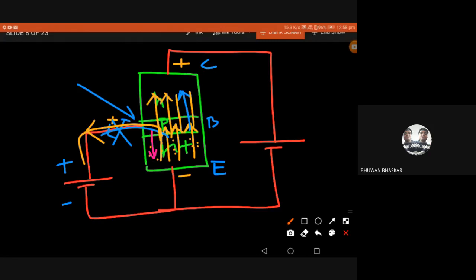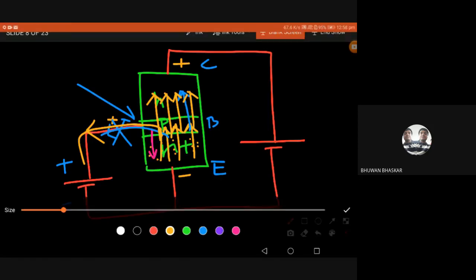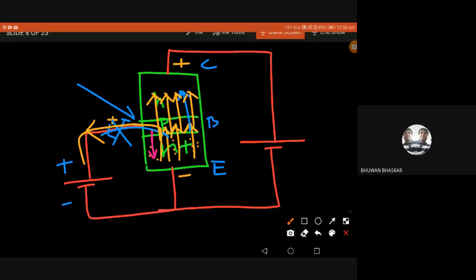Another reason the majority of electrons go to the collector region is what we already saw last time: the collector is at a higher potential than the base. You remember? We have discussed this. In a practical circuit, VCB will be higher than the base region, because the collector-base junction has to be reverse biased.